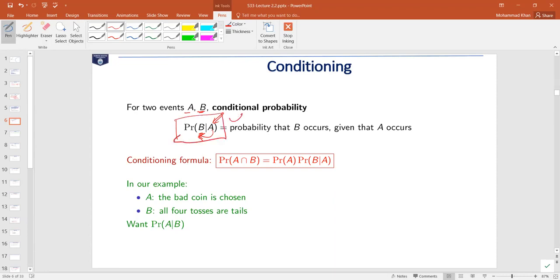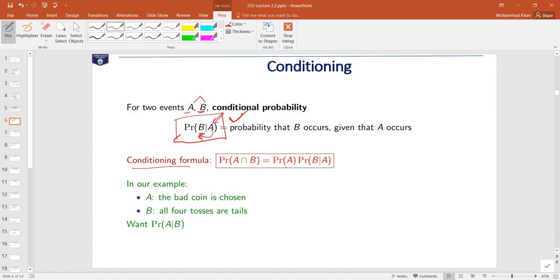We're interested in finding this kind of metrics. But how do we do it? For that, we use the conditioning formula. The conditioning formula means: what is the probability that two events happen together? For example, events A and B, what is the probability that they will happen together at the same time?